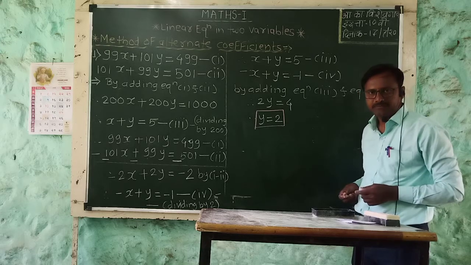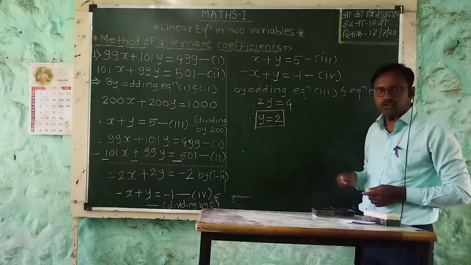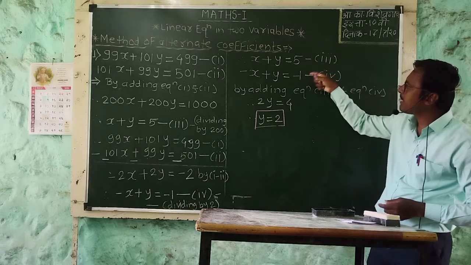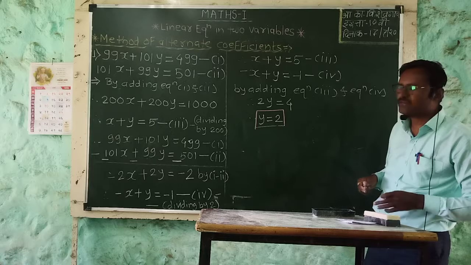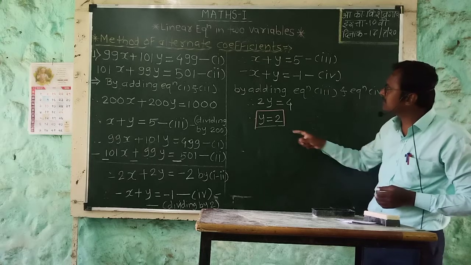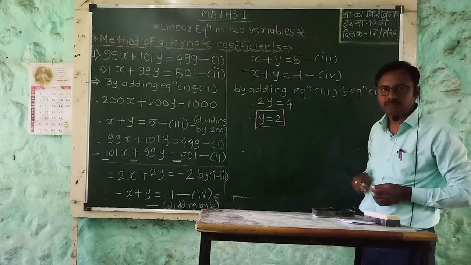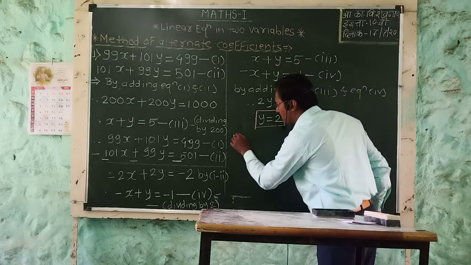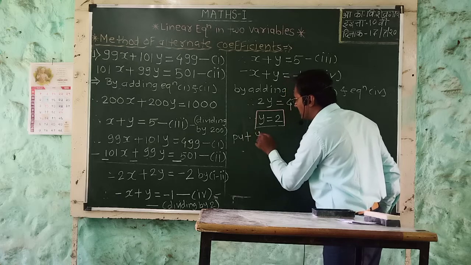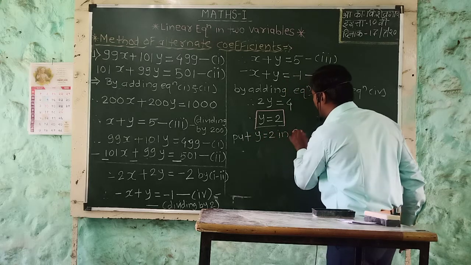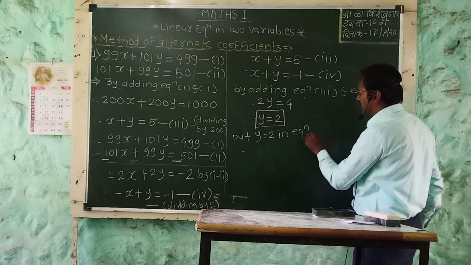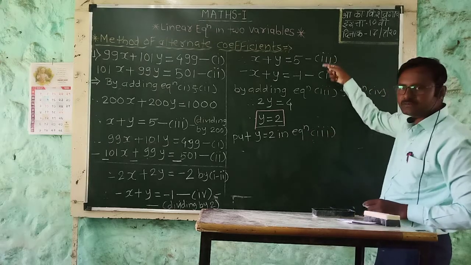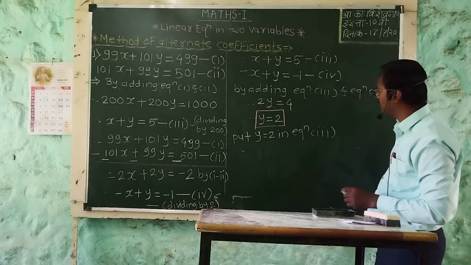We know that substituting y is equal to 2 in any one of these equations, you get the value of the remaining variable, that is x. So I am going to consider equation 3. Put y is equal to 2 in equation 3. Any equation can be used to get the value of x.